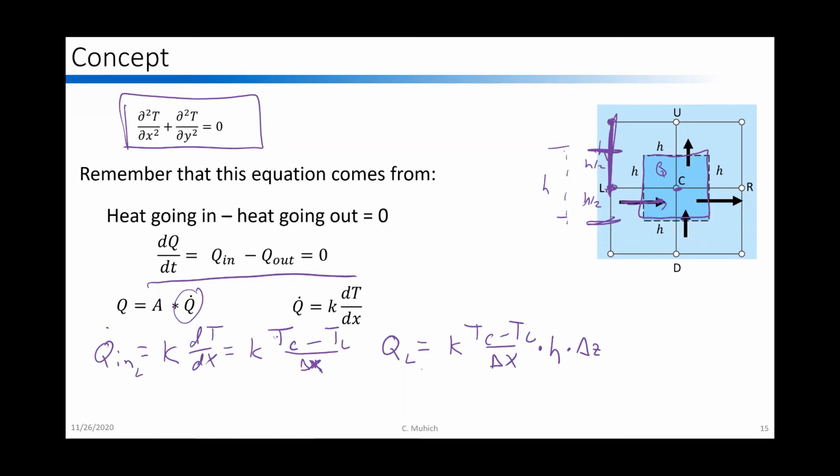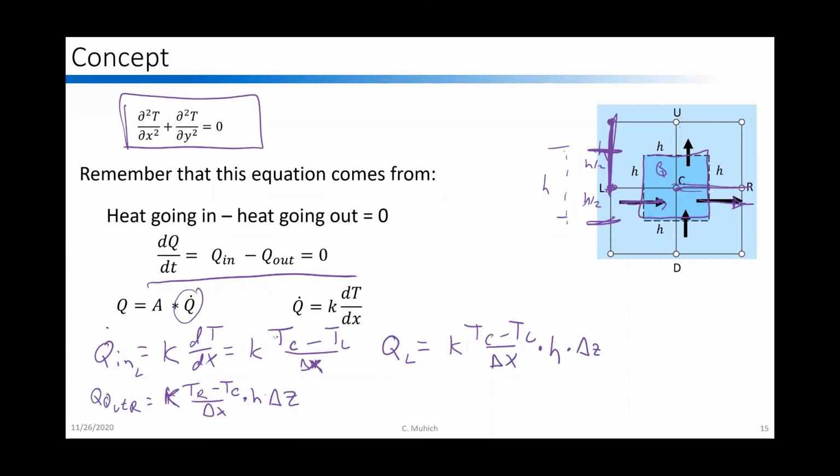So that's my total QL. I can write this out for the heat leaving through the right-hand side. So Q out is K times, now we need this derivative, so that's K times (TR minus TC) over delta X, times my height times delta Z.